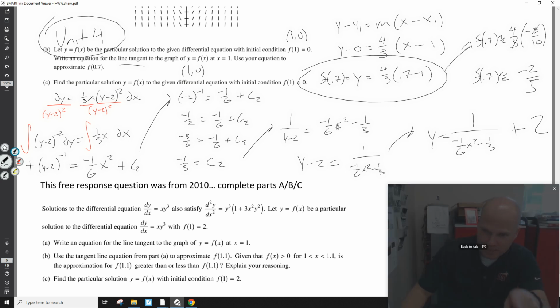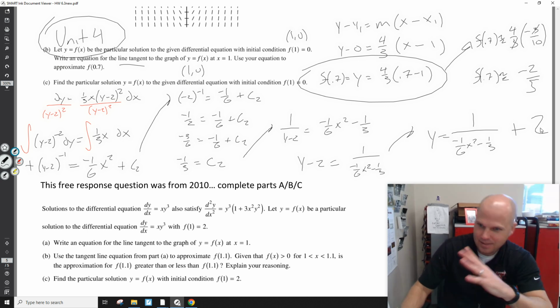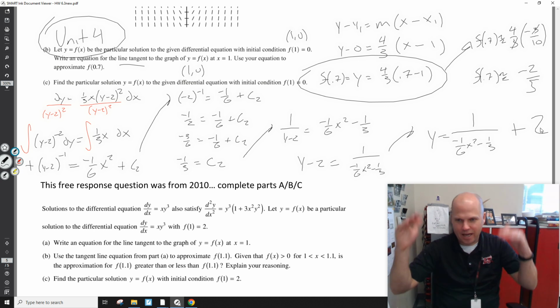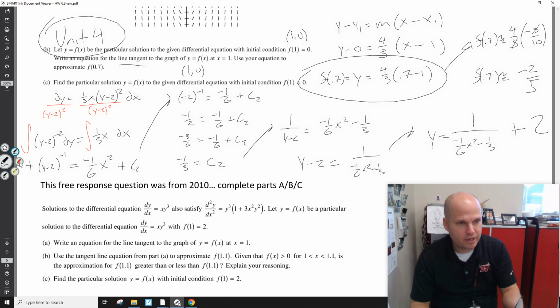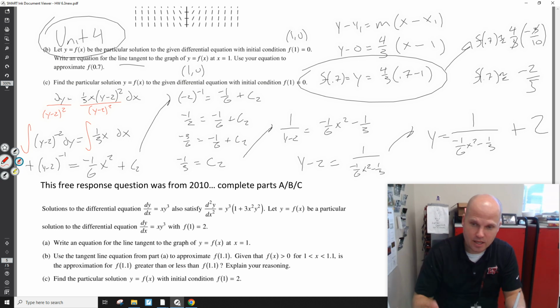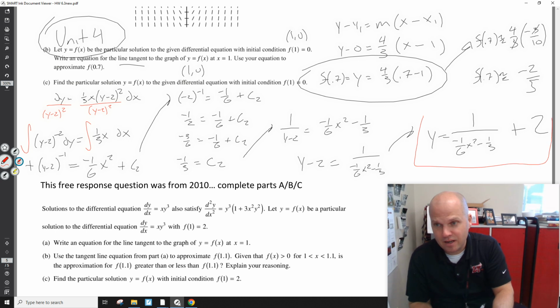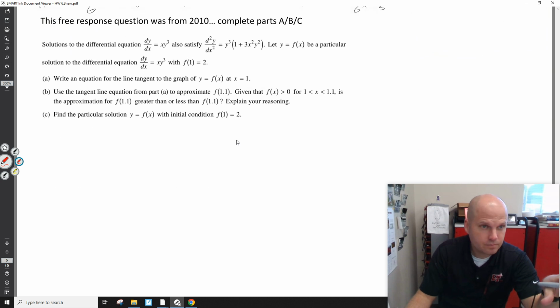I flipped this side, and then I added 2 to the end after. I didn't try to incorporate it into my fraction. I didn't try to use a common denominator or anything. You could, but it's free response. If I'm going to tell you anything about free response, it's that ugly answers that are unsimplified are okay and will be accepted. Okay? Let's keep that in mind for this one.